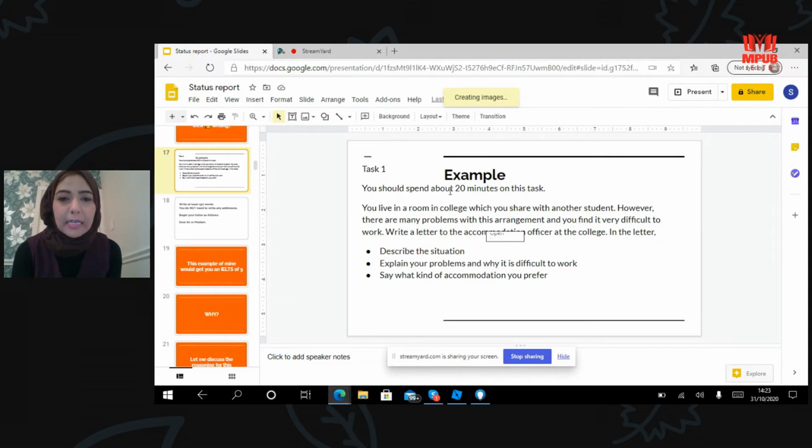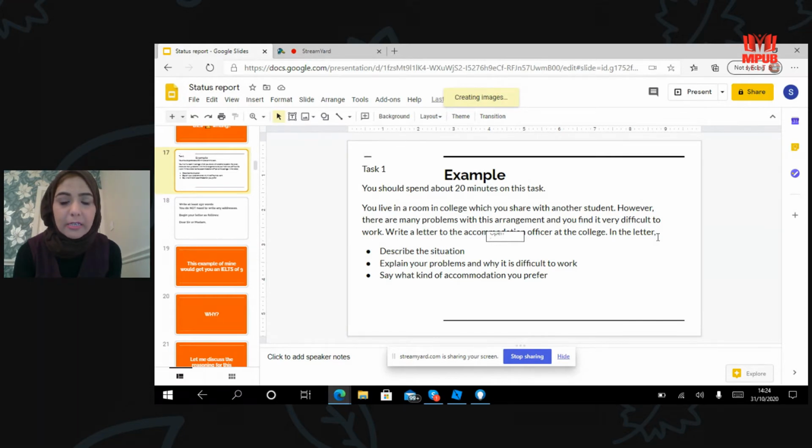And obviously they said spend 20 minutes on this task. You live in a room in college which you share with another student. However, there are many problems with this arrangement and you find it very difficult to work. Write a letter to the accommodation officer at the college.